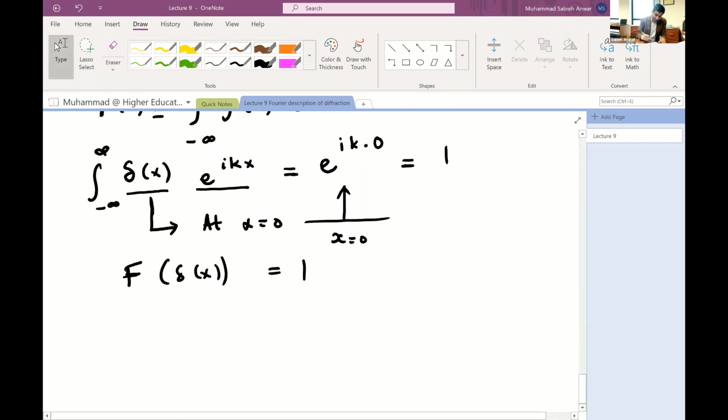All right, so generally this is called the sampling theorem. Let me write down the sampling theorem. This is really useful in all of physics.